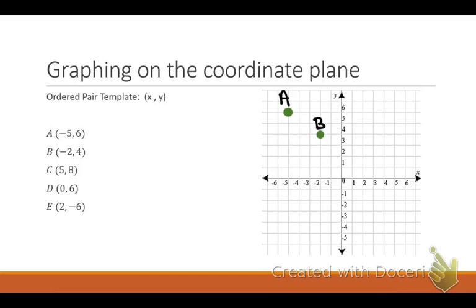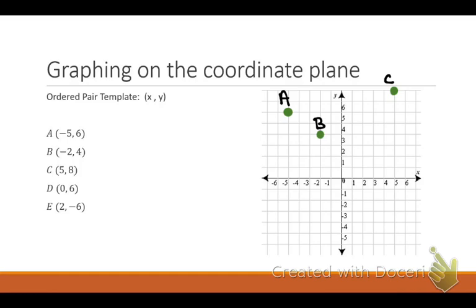Right. I'm going to go right 5, and then would I go up 8 or down 8? Up 8. So now it's going to be a little bit off my graph. It's like all the way up here at the very top for point C. You might need to just draw a couple more numbers up there at the top of your y. And that's where point C goes, 5, 8.